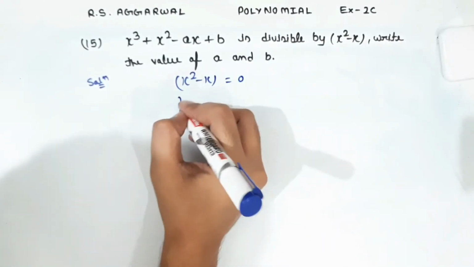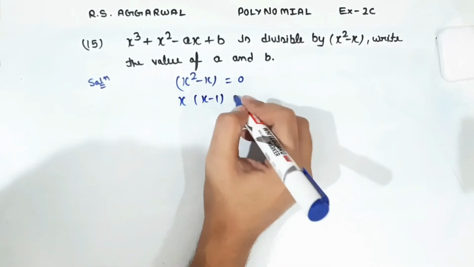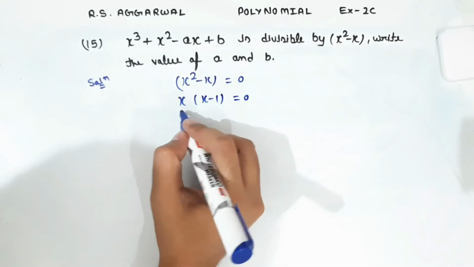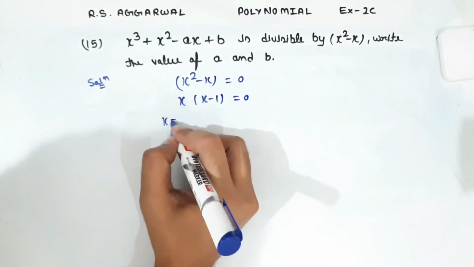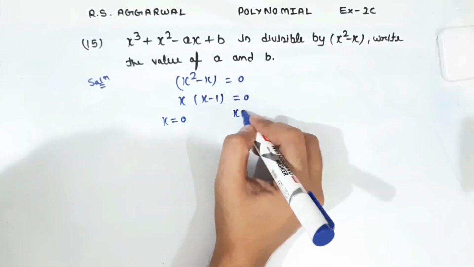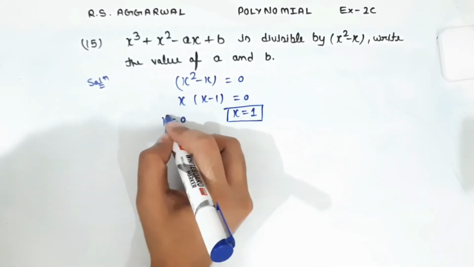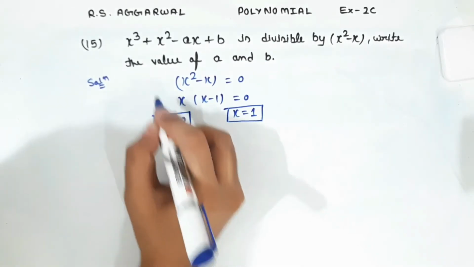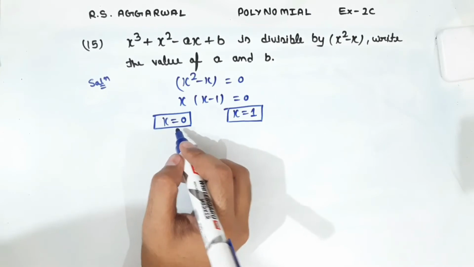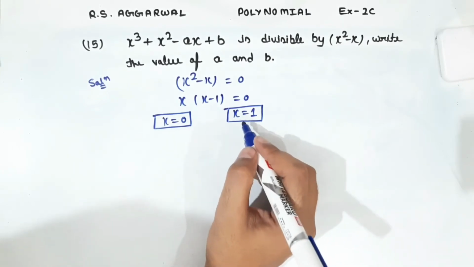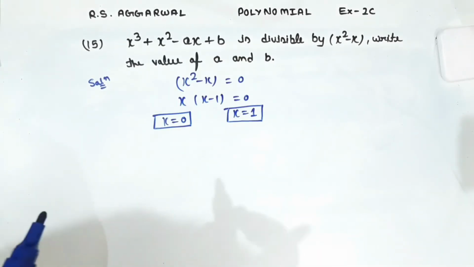So from here x is common, x minus 1 equals 0. So from here x will be equal to 0 and x will be equal to 1. So these two values are zeros of this polynomial. So at x equals 0 and at x equals 1, this given polynomial will be equal to 0.